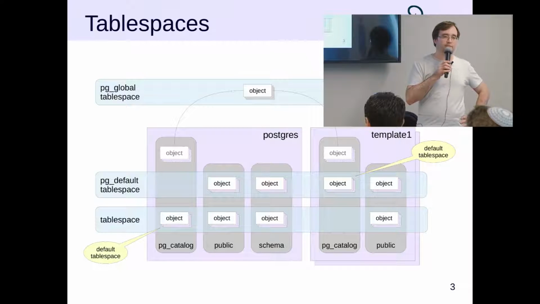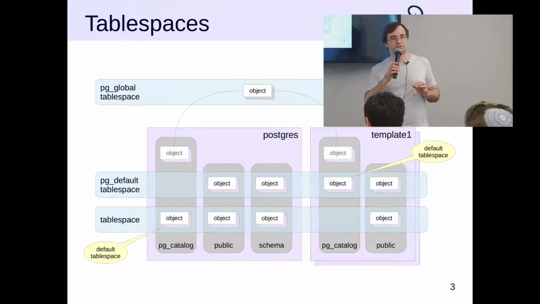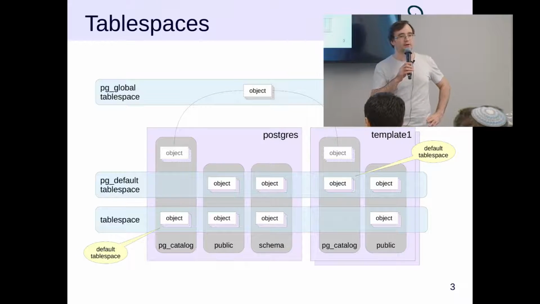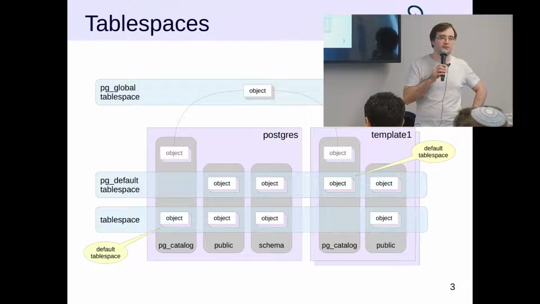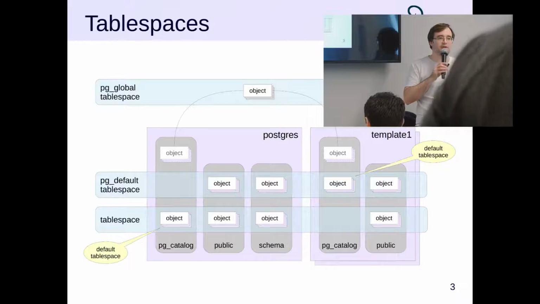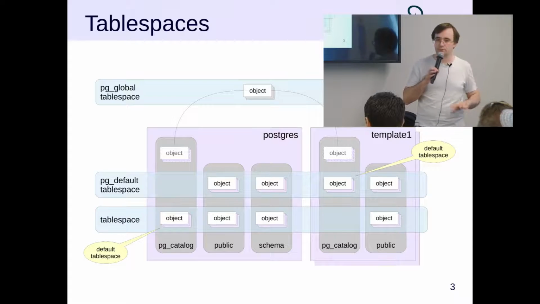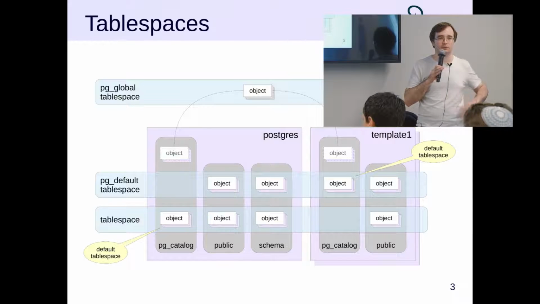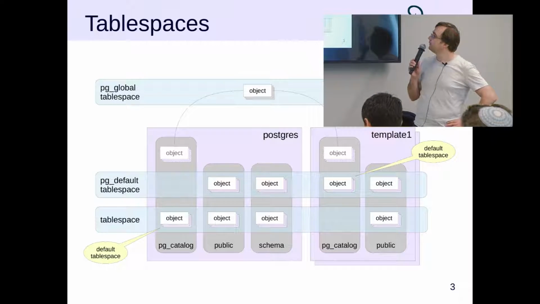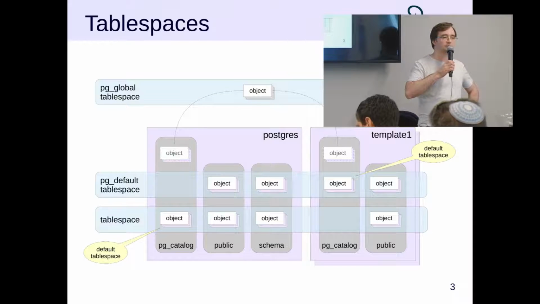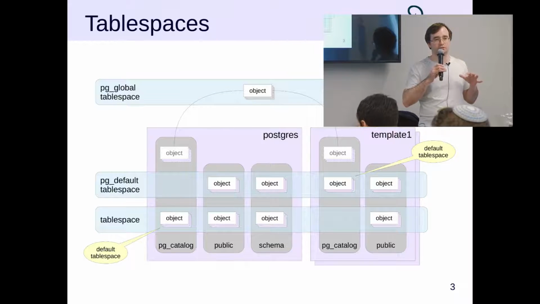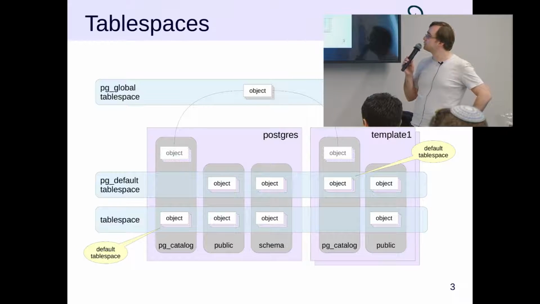You can have objects in one database that are spread over different table spaces, and one table space can contain objects from different databases. So they are absolutely independent things. Databases and schemas are a logical organization, and table spaces are a physical organization.